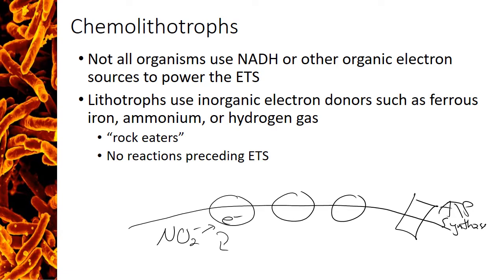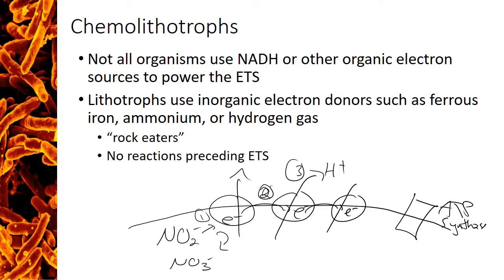When that happens, this forms nitrates as a byproduct. So one, we still drop our electrons off, but notice it's not NADH. Step 2, those electrons are still passed along the chain. Step 3, we're still going to pump protons out of the electron transport chain.